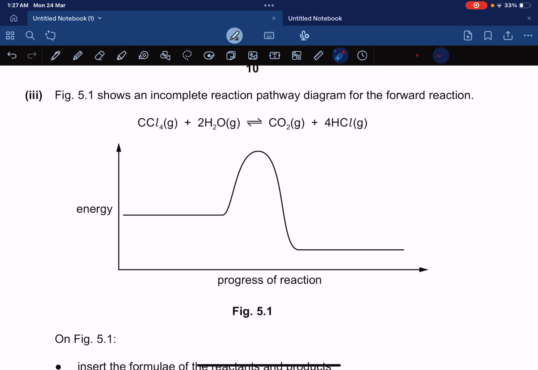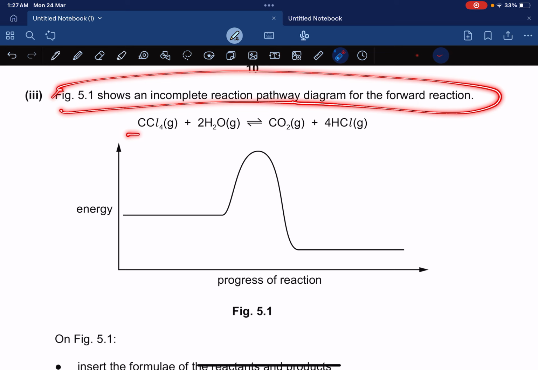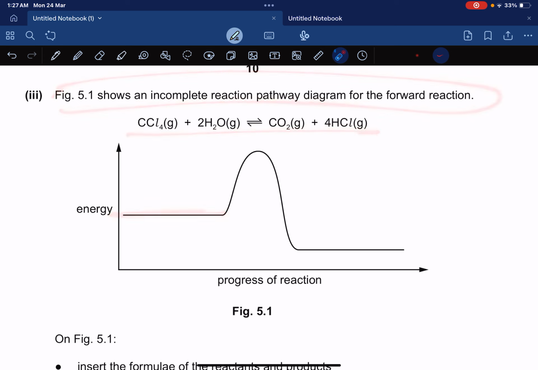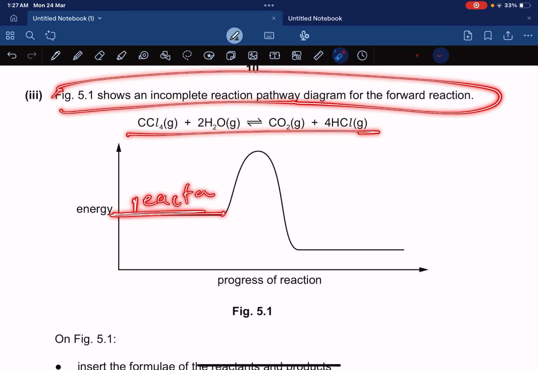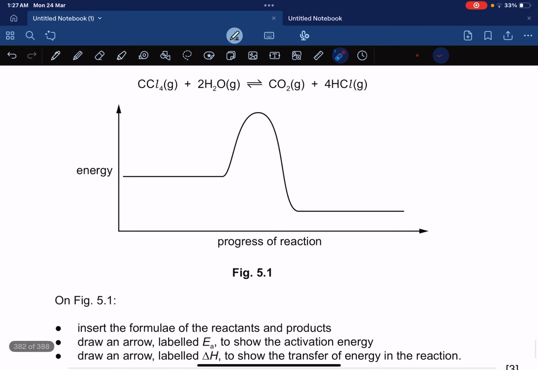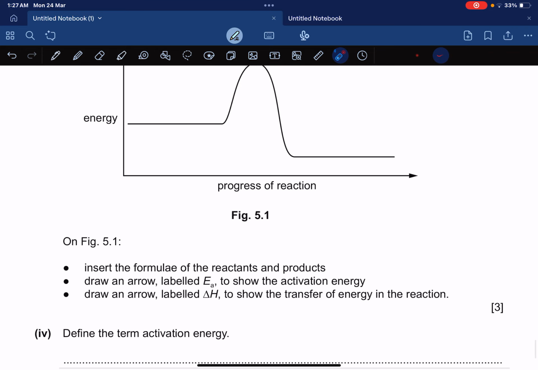Figure 5.1 shows an incomplete reaction pathway diagram for the forward reaction. These are the reactants, and these are your products, and that's the reaction pathway. Let's see the question on figure 5.1: state the formulae of the reactants and the products.